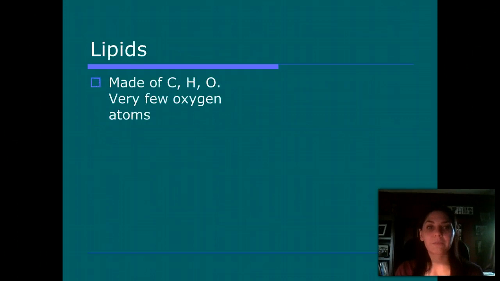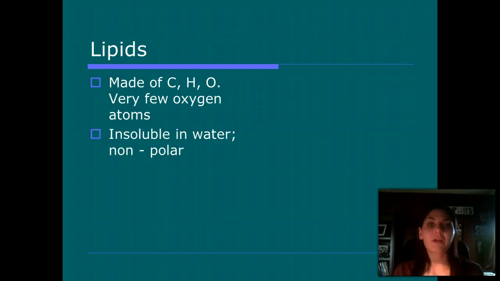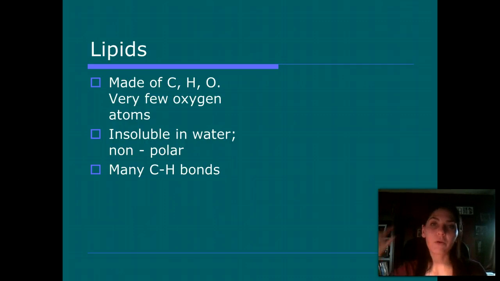Like I got through saying in the previous slide, cellulose is used as a structural component in the cell walls of plants. The next biomolecule we're going to discuss are lipids. Lipids are made out of carbons, hydrogens, and oxygens. However, there are very few oxygens. They are insoluble in water, meaning they're not going to dissolve. So if you remember the water lab that we had, when we added oil to the water, the oil always floated on the top of the water because it is non-polar, meaning it doesn't have a charge.